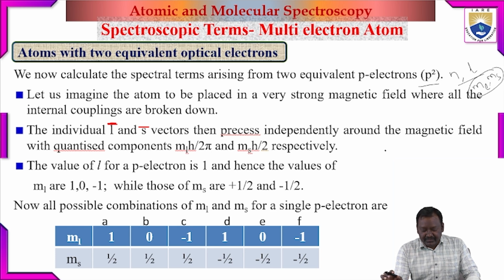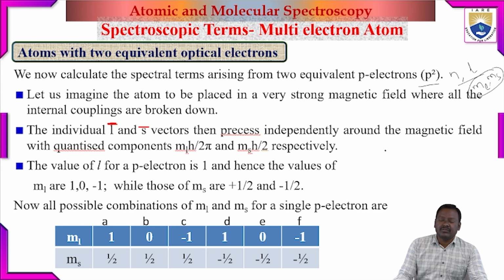So here let us assume that we place the atom in a very strong magnetic field where all the internal couplings are broken down. That means spin angular momentum and orbital angular momentum coupling will be broken down.